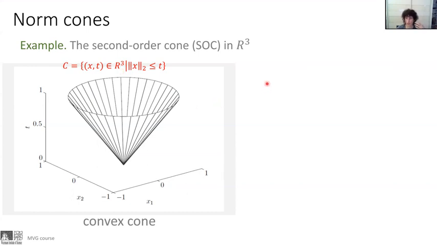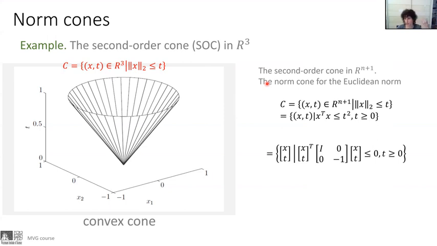And you have it also in the general case, in R^(n+1): the norm of x should be smaller than t, and the points are x and t. Here we can visualize it, okay? Is this clear? What is this kind of convex set or convex cone?